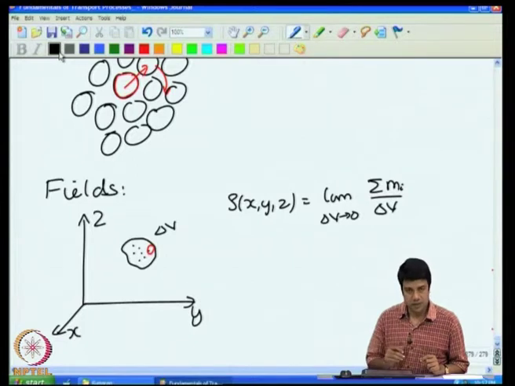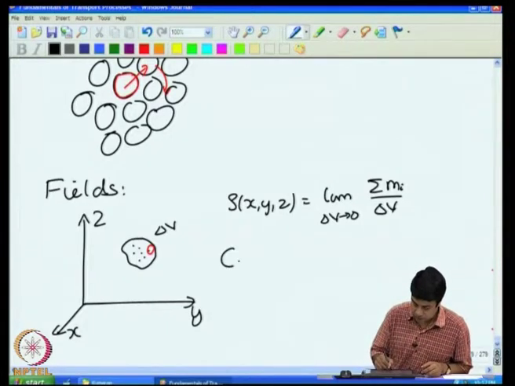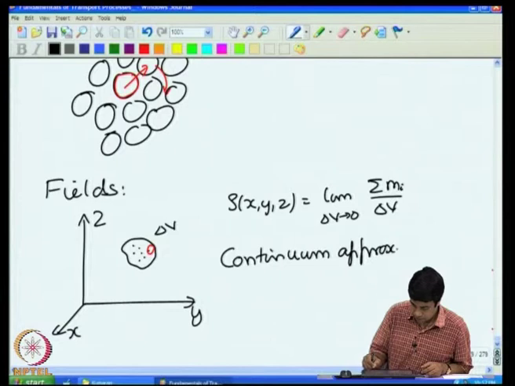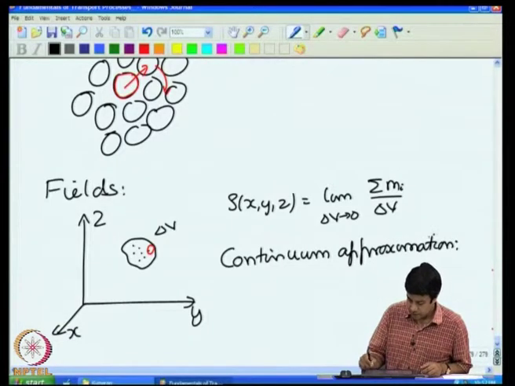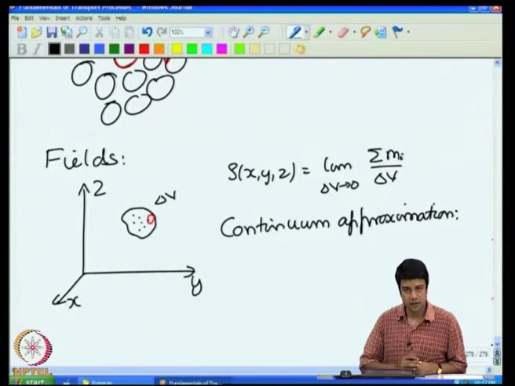So long as the differential volume is large compared to the molecular size, such that I have a large number of molecules within it, I can use this continuum approximation, where I consider the density to be a continuous field defined at every point within the flow.